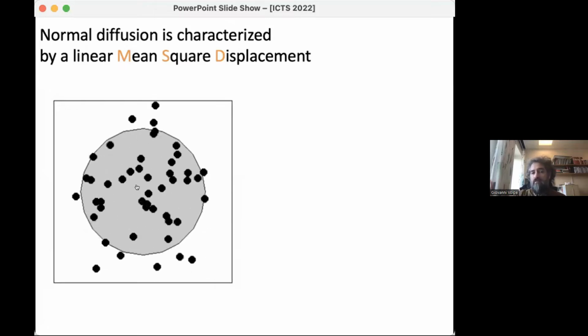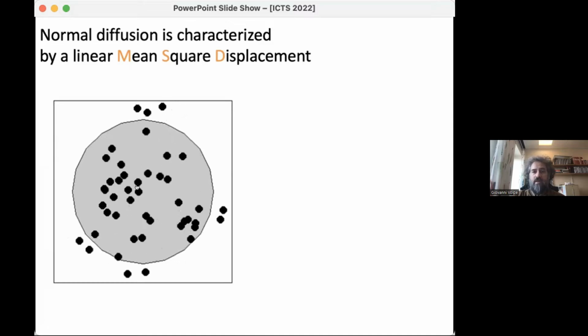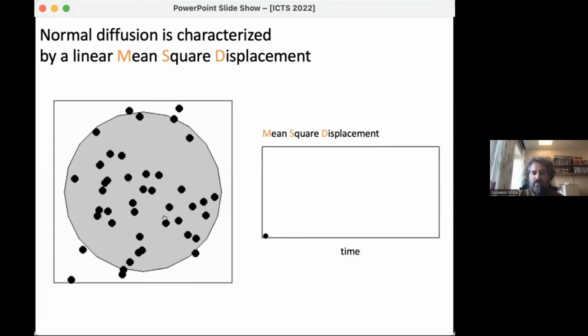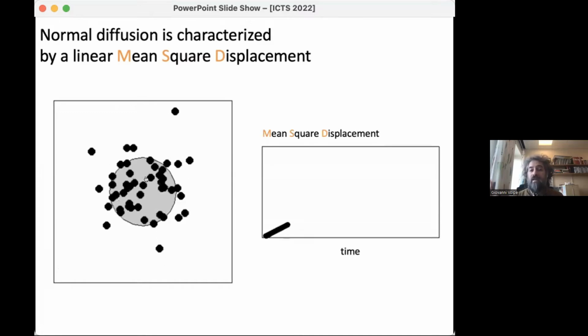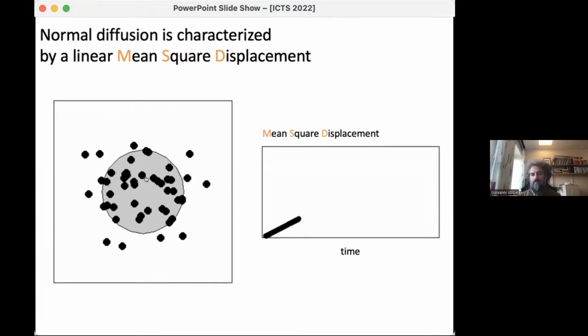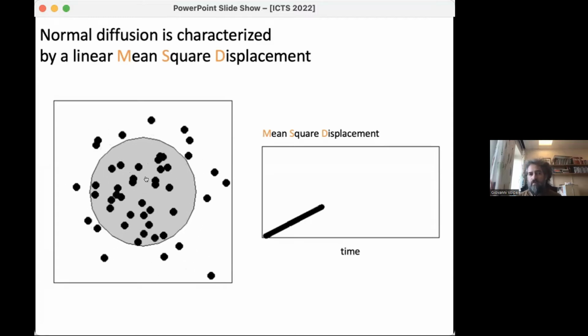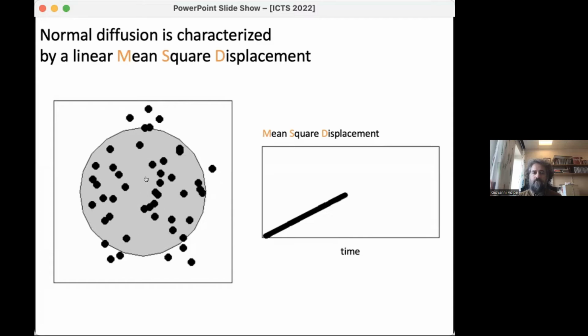And this can be measured in a very quantitative way in average by using the mean square displacement. So here we will now see the mean square displacement of this group of particles as they spread around. And you see that it's very nicely linear, which is essentially the signature of a normal Einstein diffusion process.